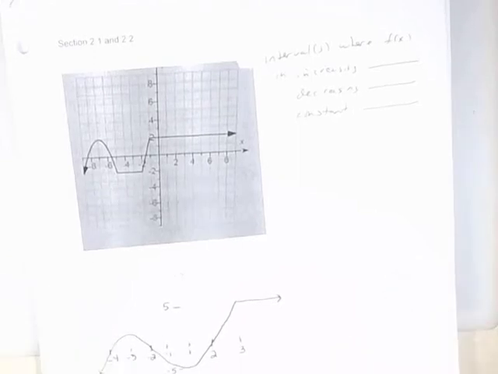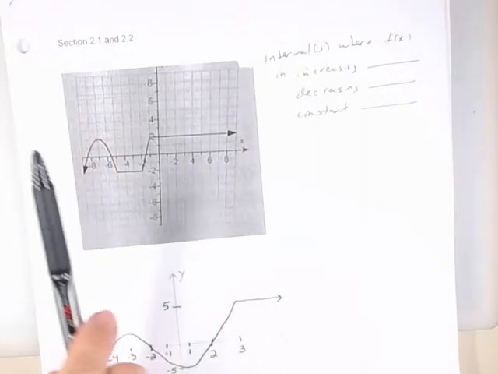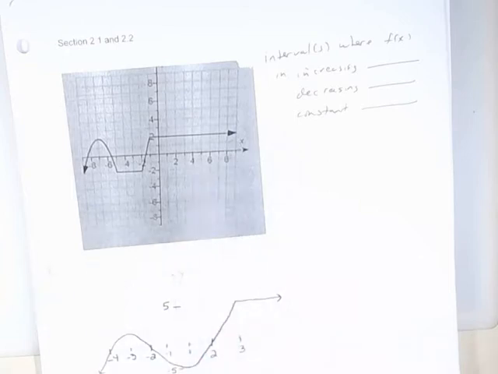All right, so the first thing we're going to talk about is where it's increasing, where it's decreasing, where it's constant. Okay, so you read a graph from left to right. You always read a graph from left to right. Okay? And remember, f of x is y.